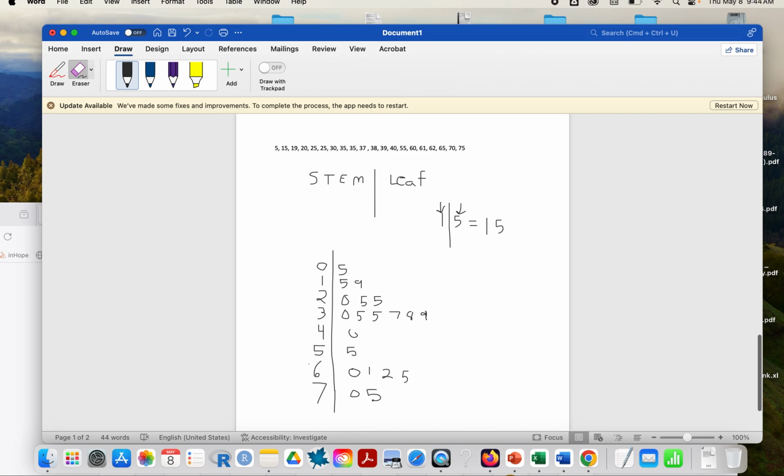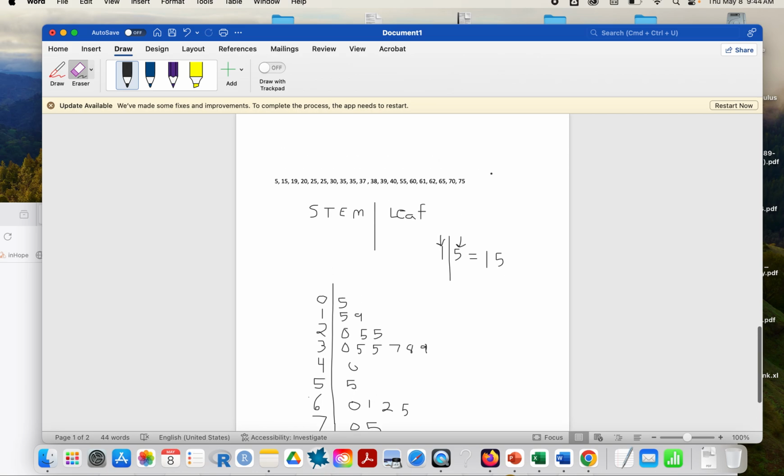Now, if we had a very large data set, let me see if I can get back to what I was dealing with before. Sometimes you'll see a double stem. What I mean by that is, just pretend that we had this set of data twice.